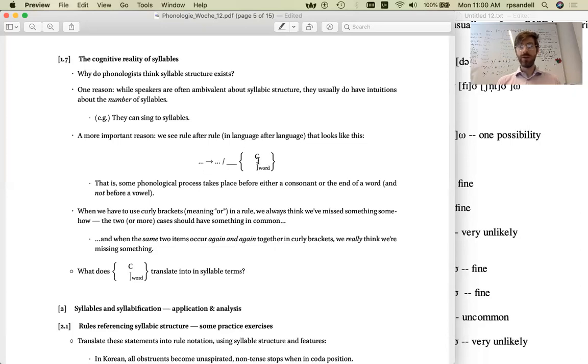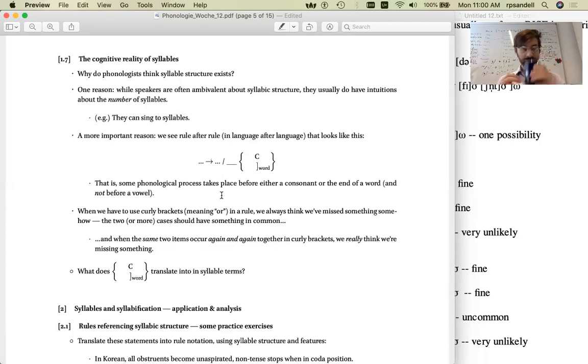Namely, if you start listing segments here in between curly brackets, when you are looking for where a rule applies or under what conditions the rule applies, that should indicate to you that you should look for some kind of natural class. But of course, in terms of phonological features, we can't easily group together a consonant and a word boundary.